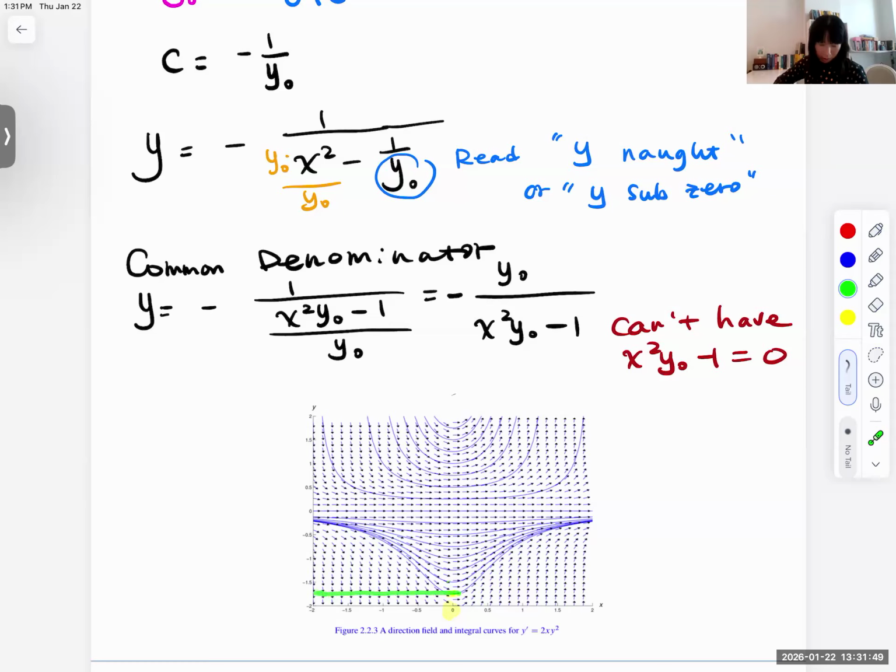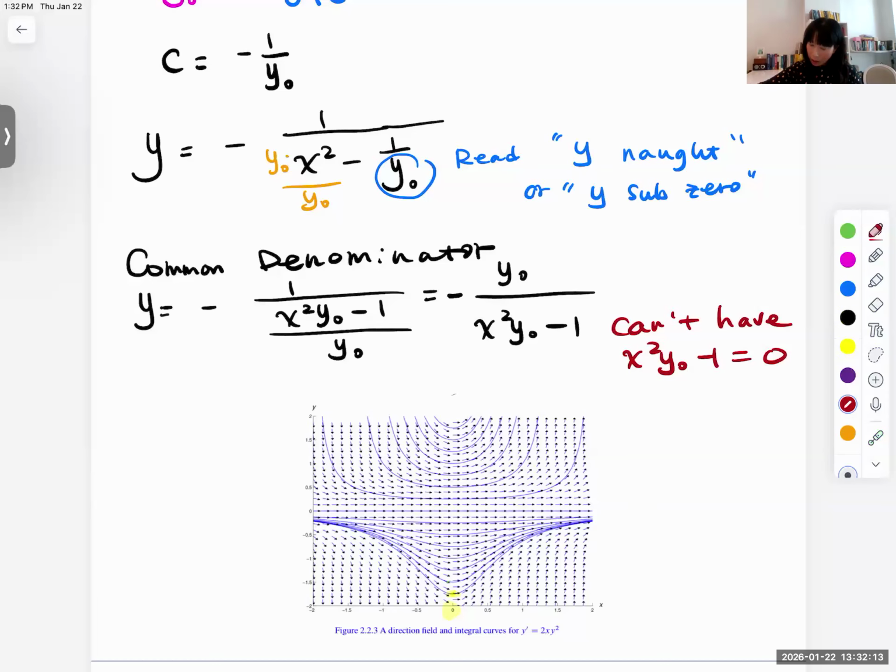Yeah, hold on. Yeah, looks like this is a negative 1.75, right? And then y not equal to negative 1.75.